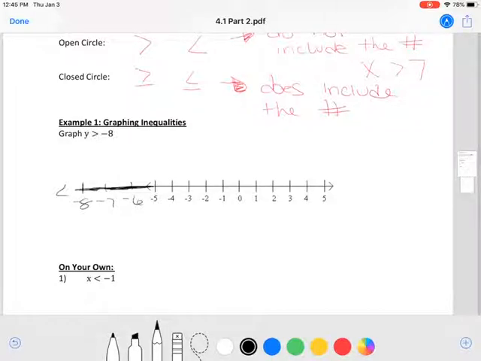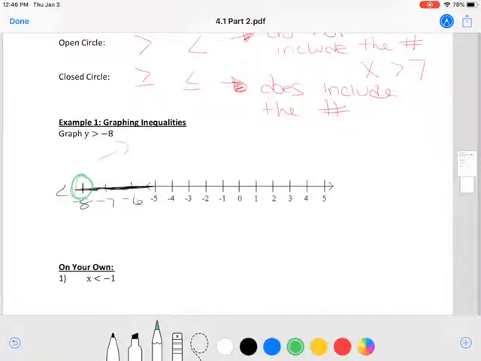All right, so this says y is greater than negative 8. Number one, we notice it is going to be an open circle because there's no or equal to. It does not include negative 8. So we're going to put an open circle at negative 8.